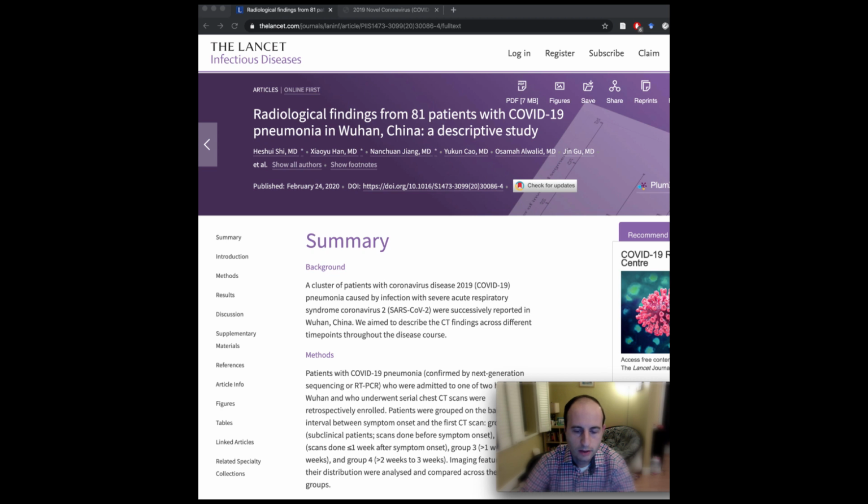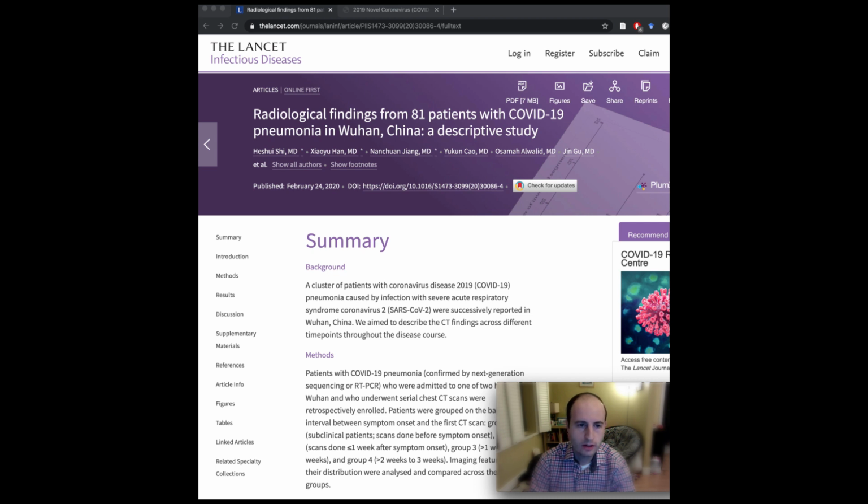The other thing, as we'll get into, is that the imaging findings are non-specific and they could reflect a number of different entities, and we don't want to be overconfident about our diagnosis, particularly in areas where the epidemic has not reached truly epidemic proportions.